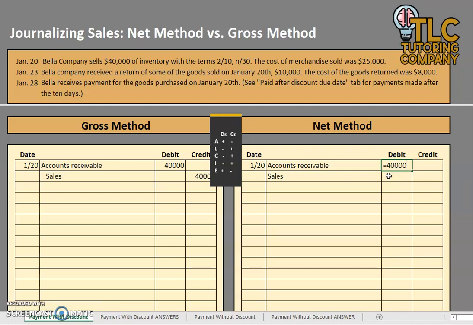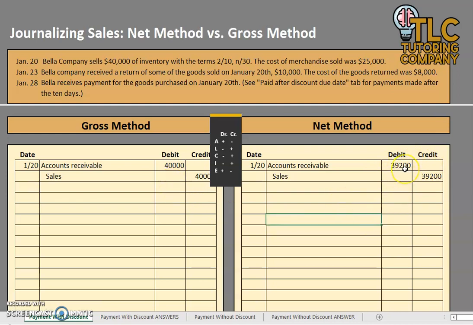So essentially 40,000 minus 40,000 times the discount percentage. So this way it will be the amount of the sale minus the discount amount, which will be 2% based on these credit terms of the amount of the sale. So using the net method, we see that the amount of our sale comes to $39,200.